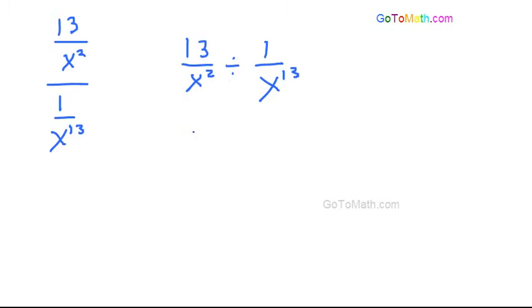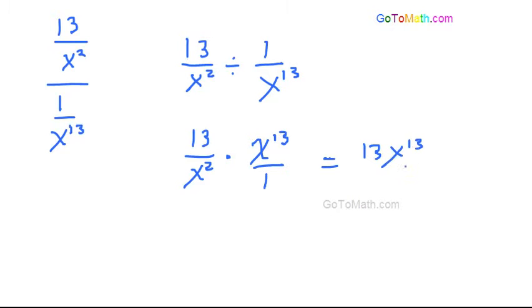But remember, we're going to do the conversion here. We changed that to multiplication, but we got to flip this. And of course over 1. So we multiply 13 times x to the 13th, which is just going to be that guy right there over x squared.